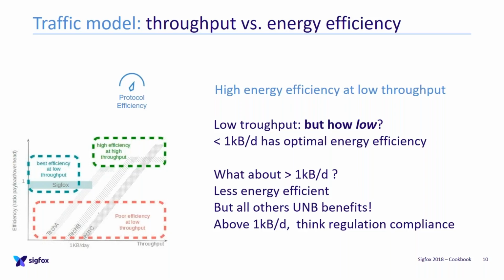And these are namely range, so the long range, and the penetration ability due to the very large link budget. So penetration ability, I mean indoor, in buildings, in difficult situations, underground, etc. I mean the interference resistance, and I mean also scalability. Okay, so these are all advantages of ultra narrowband that can be more important for you in terms of systems than energy efficiency. But otherwise, you have to decide.